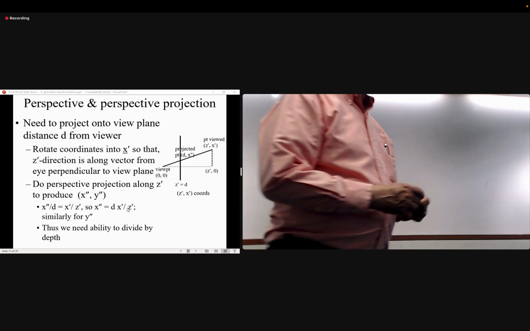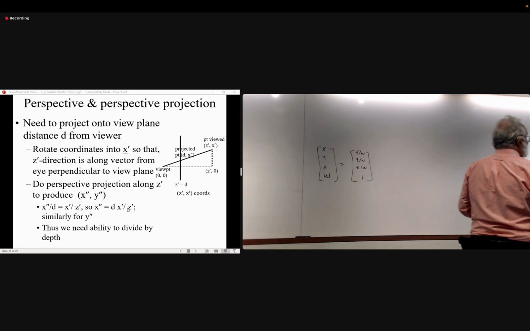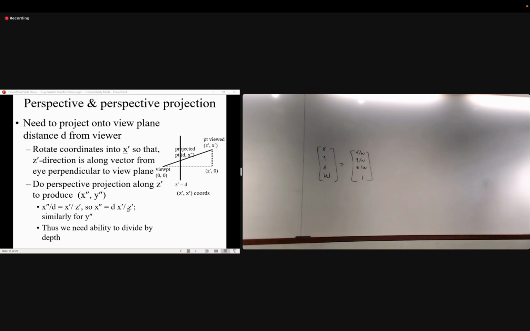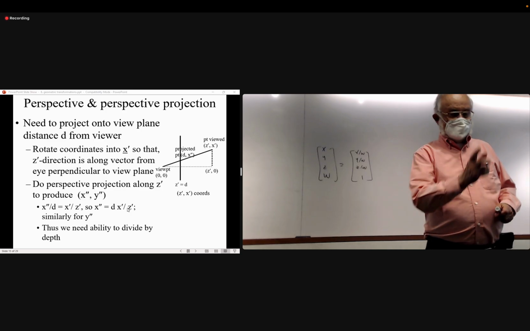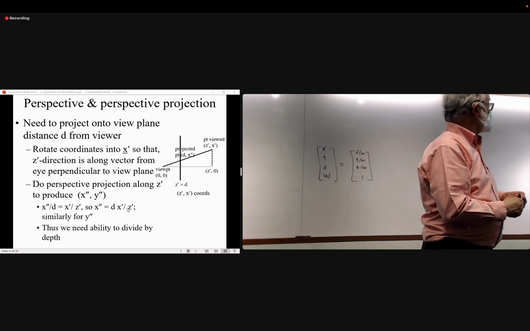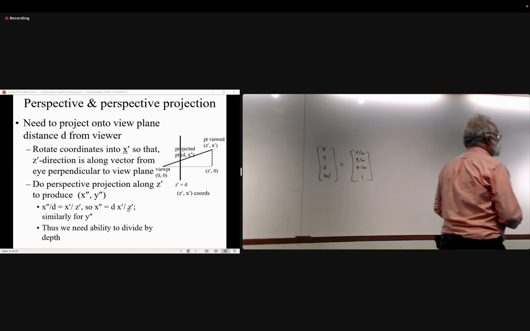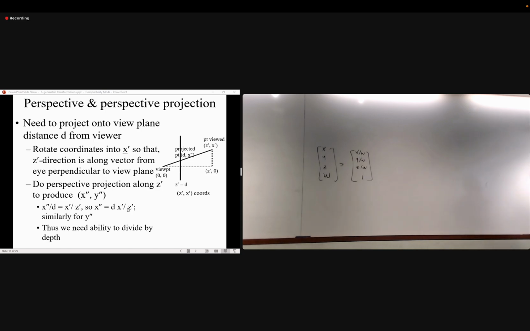Tricky, huh? Nice idea. Okay, so what I have here applies to x prime, and also the same thing applies to y prime, right? The y coordinate is also going to need to be multiplied by d and divided by z prime.